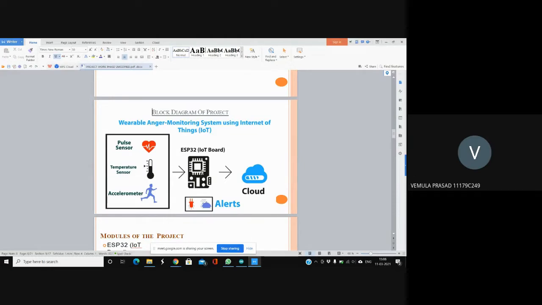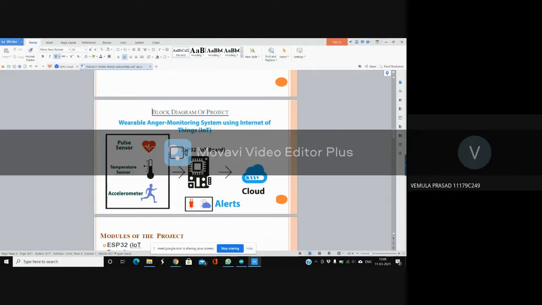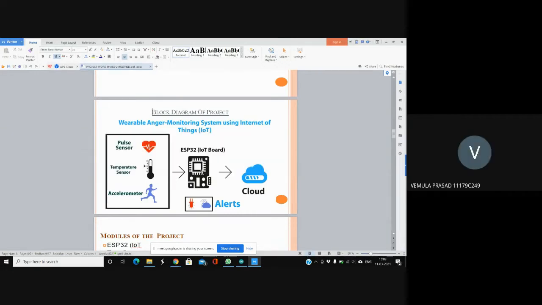X out means x-axis analog output, Y out is the y-axis analog output, Z out is the z-axis analog output. Here the ground pin is connected to ground.